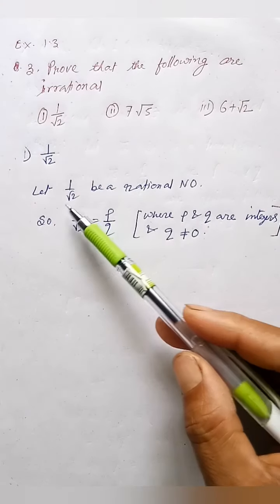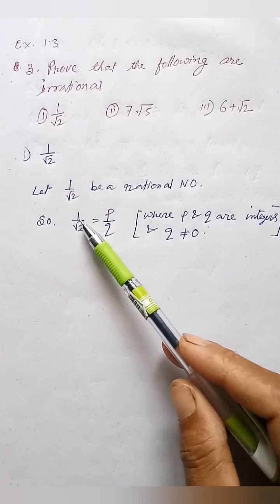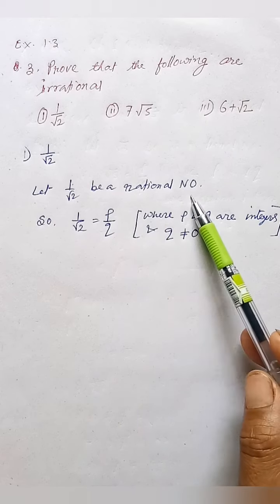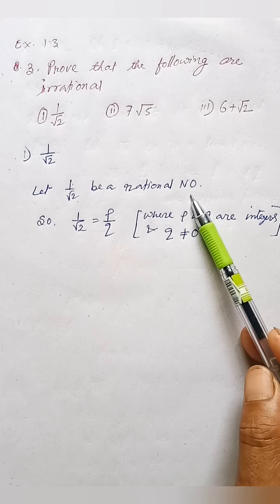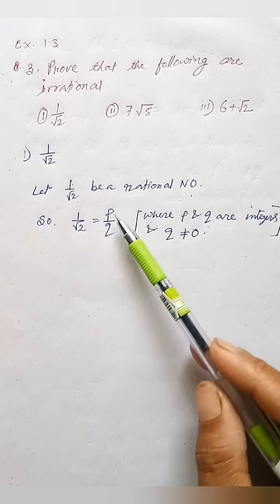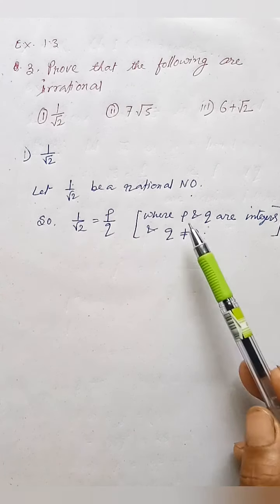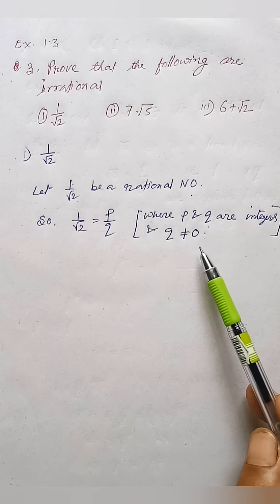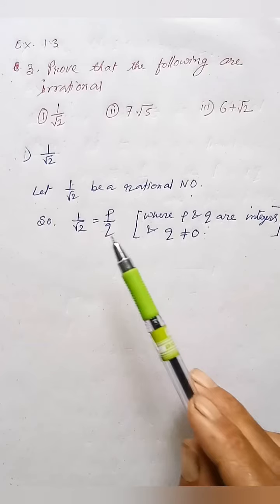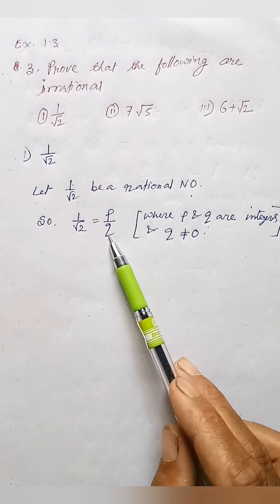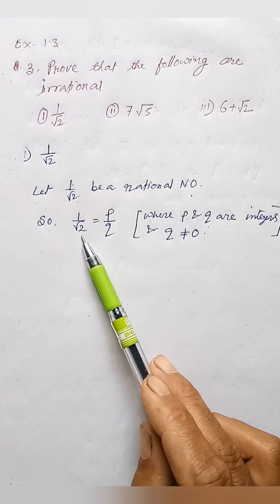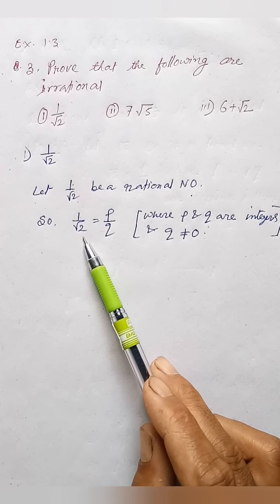So 1 by root 2 be a rational number. Since it is a rational number, surely it can be expressed in the form of p by q, where p and q are integers and q must not be equal to 0.